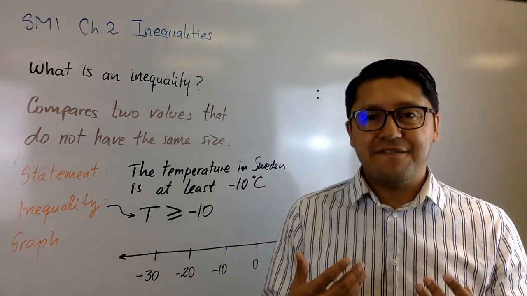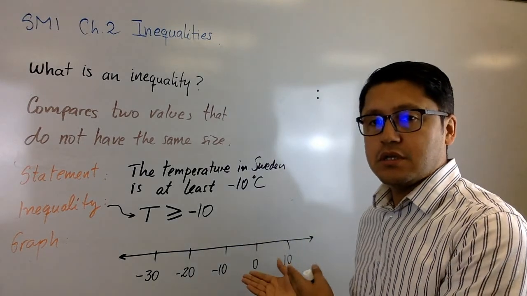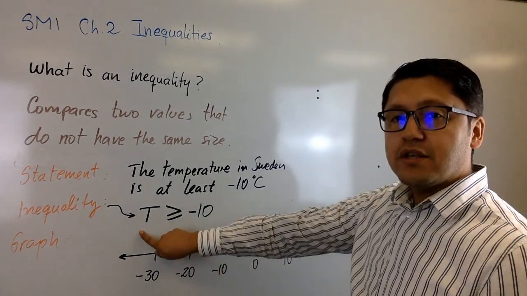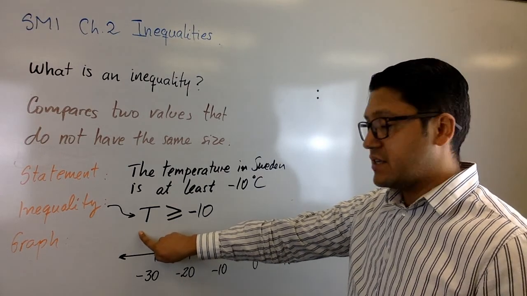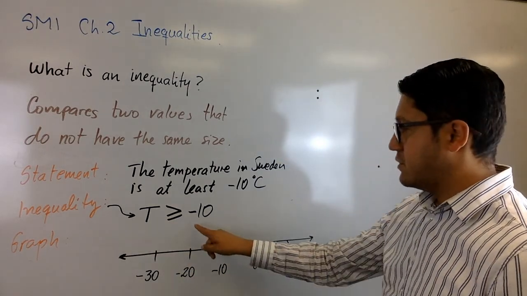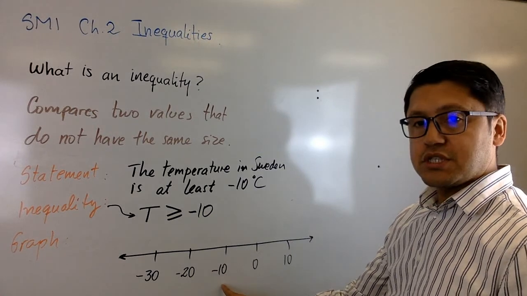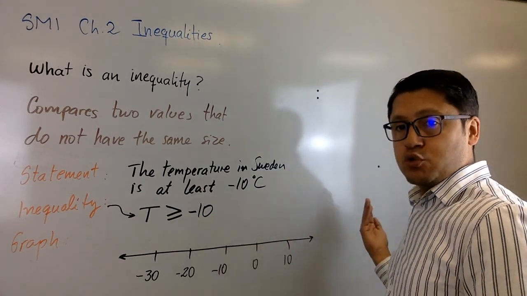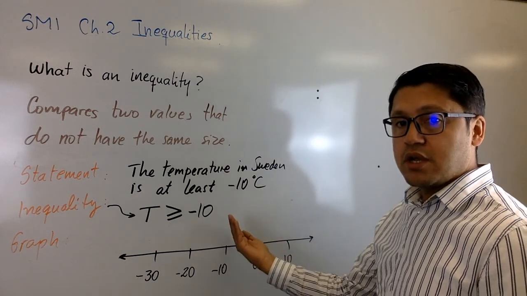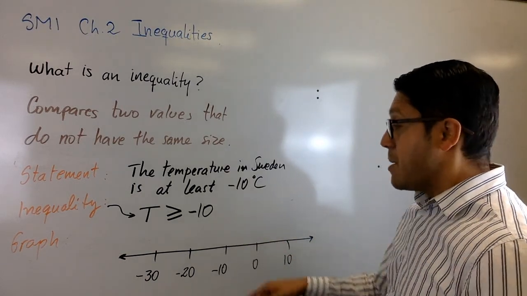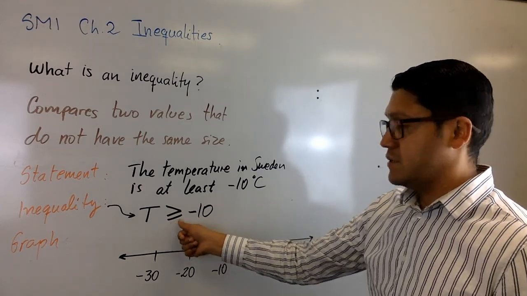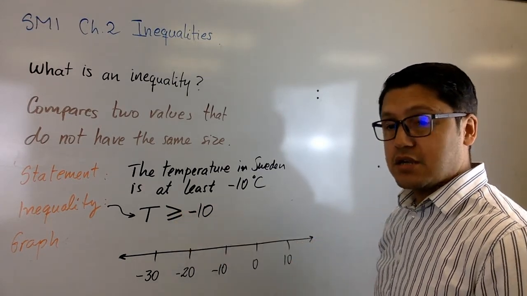How do you graph that on the number line? Well, the values where T is satisfied are, if you take into account the reference number, which is negative 10, all those numbers that are to the right of it, because they're all greater than negative 10. But I can also include negative 10 because of this equal sign in here.